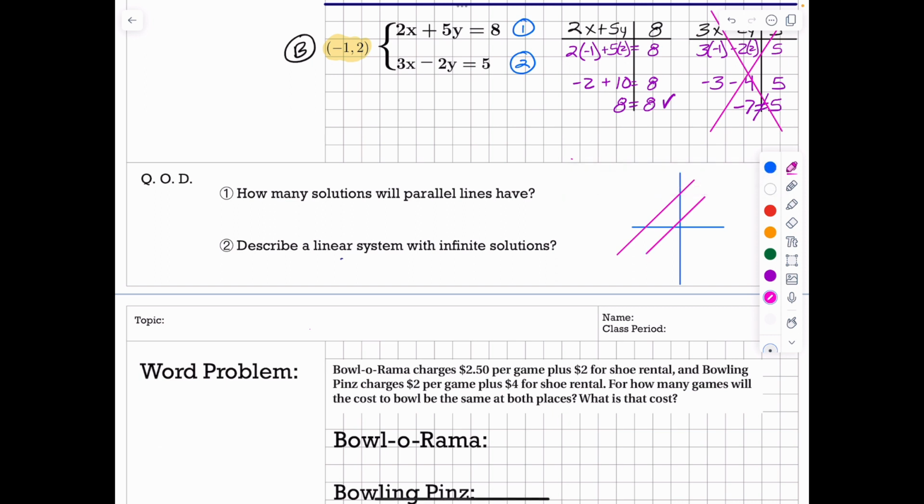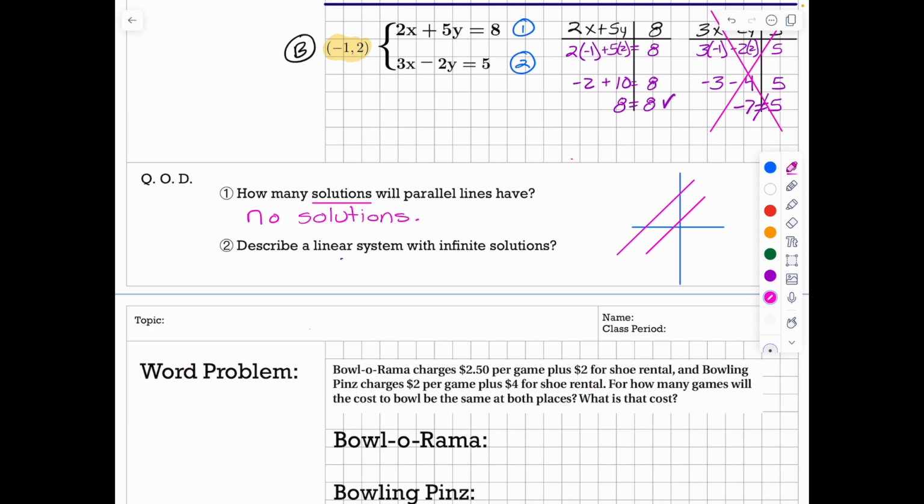Do they intersect? Because that's what we're talking about. Solutions are places where my two lines, my system, intersects. Parallel lines never intersect. So no solution. We will have 0 solutions for parallel lines.